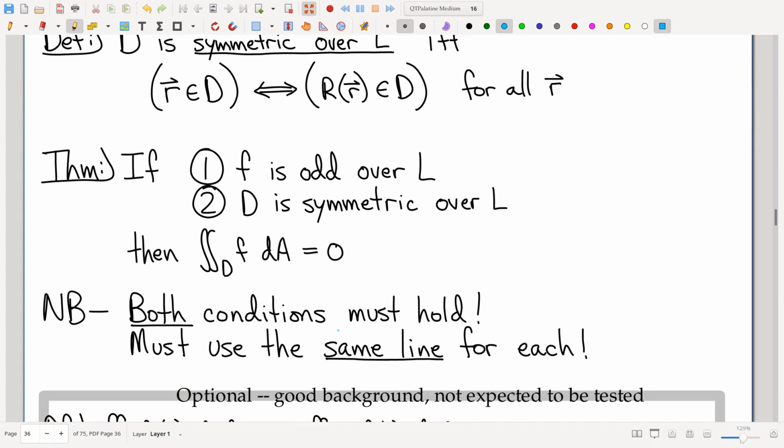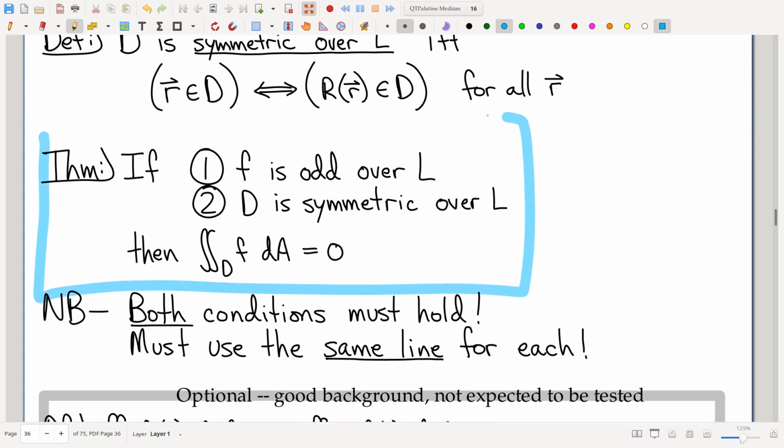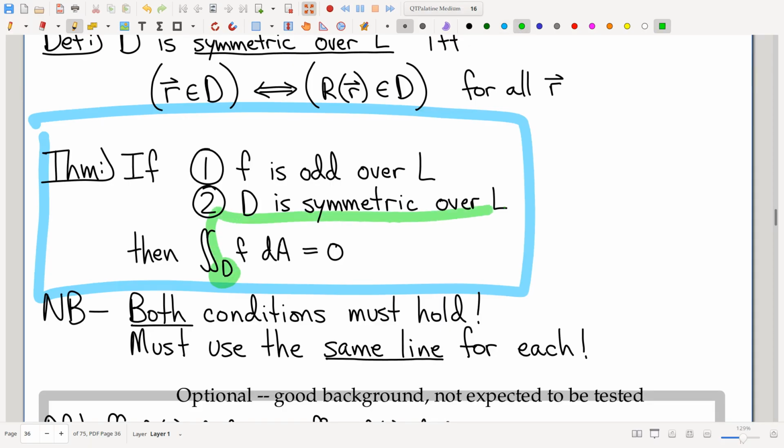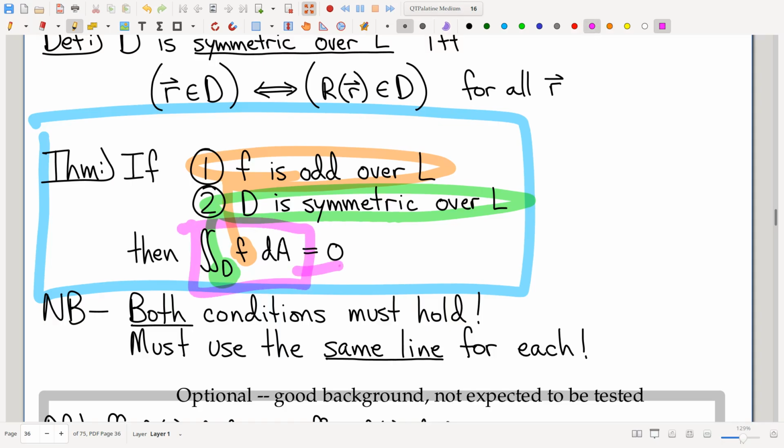And then guess what? The theorem totally still works. The exact same theorem. If you're doing an integral over a symmetric domain of an odd function, that integral is 0. No having to use the fundamental theorem of calculus, but wait a second, it would have been even worse than that.